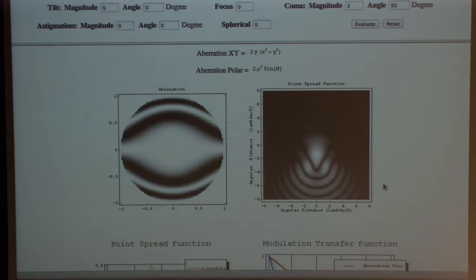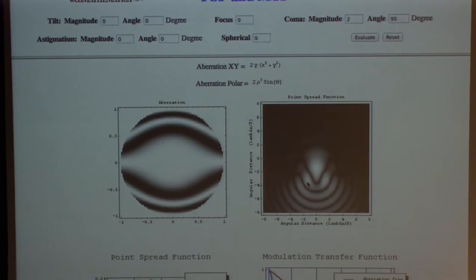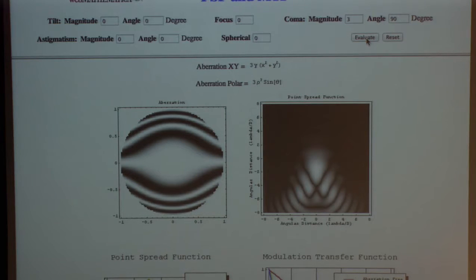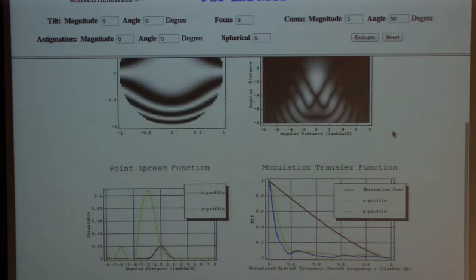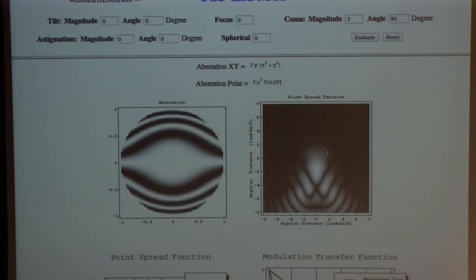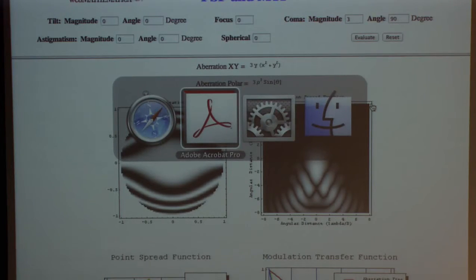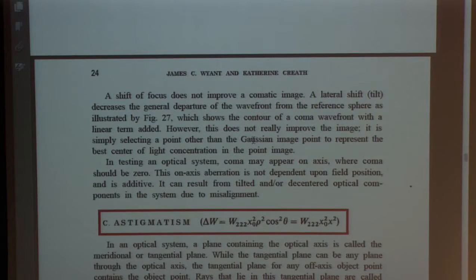And you see what this looks like. So when you take into account diffraction, you get these other kind of interesting interference terms here. And so you can't really neglect diffraction. I'll put in, just for the heck of it, see what 3 looks like. Okay. So anyway, that's coma, my second favorite aberration.